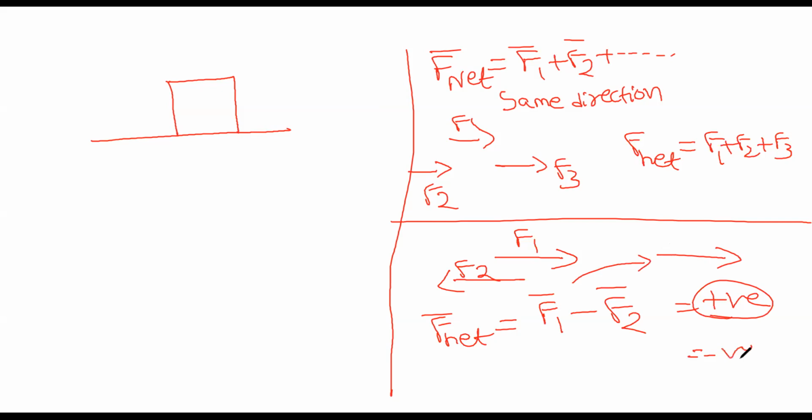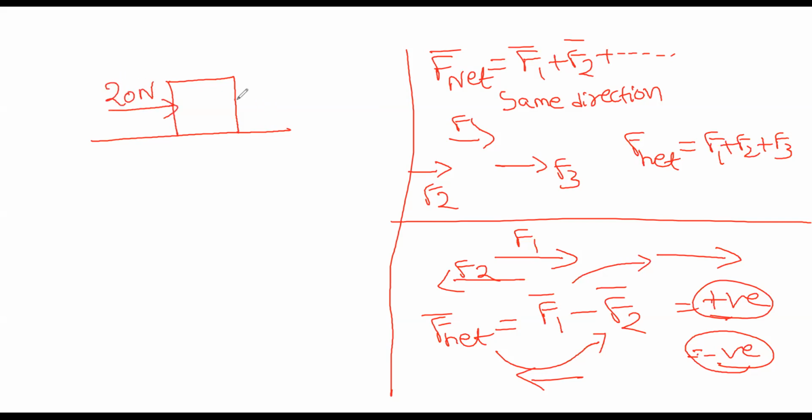When you get a negative value, it means F2 is more, so the F net will be along F2. You are taking F1 as the greater value, so if it comes positive, the assumed direction is correct, and F net is also in the direction of F1 itself. If you get a negative value, you just have to reverse the direction. That's it.